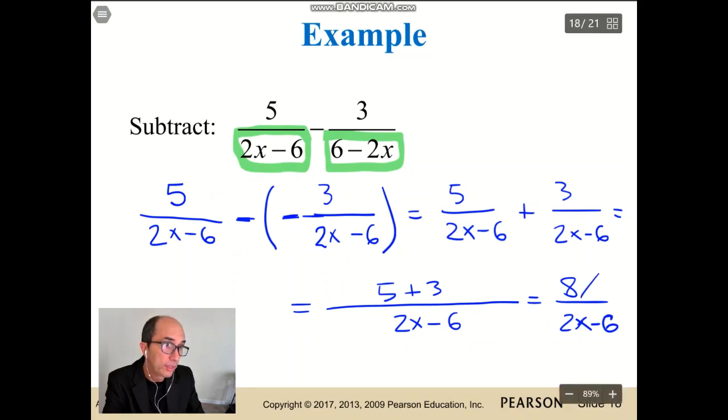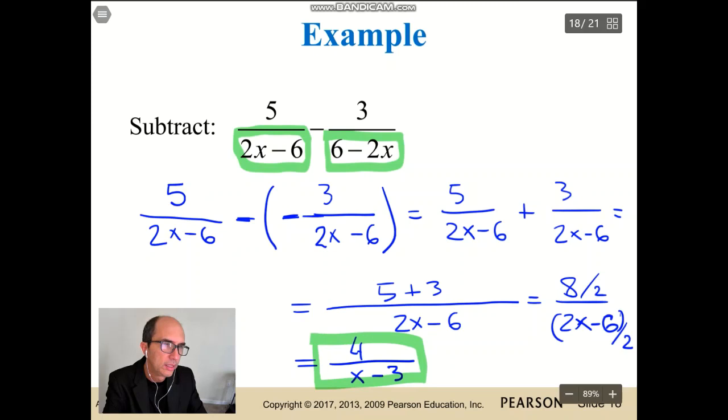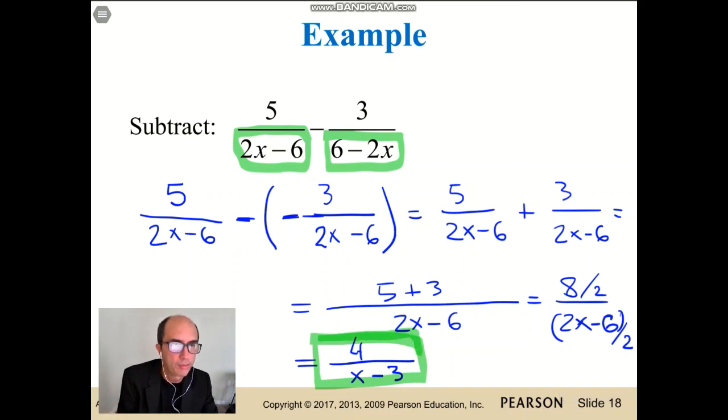I think so, because you can divide both the numerator and the denominator by 2, right? 8 divided by 2 is 4, and 2x minus 6 divided by 2 is x minus 3. And now we cannot simplify even further. This is the answer, the simplest rational expression that we can find.